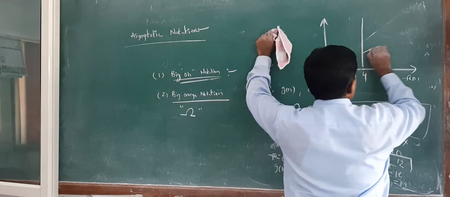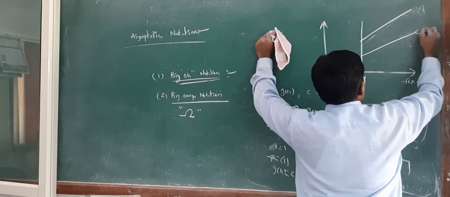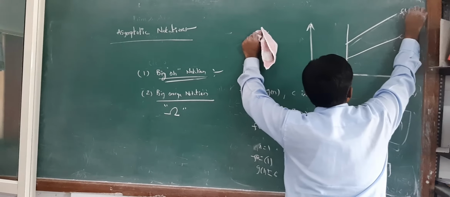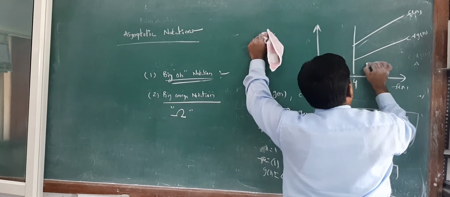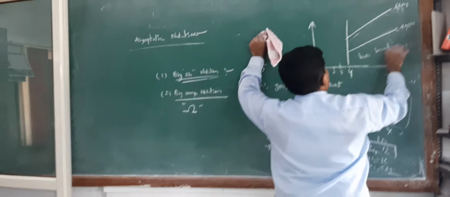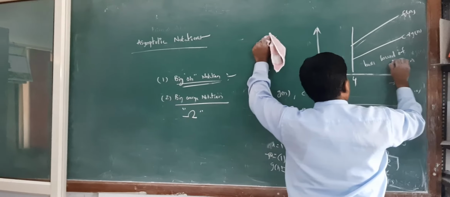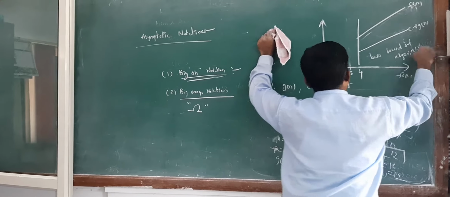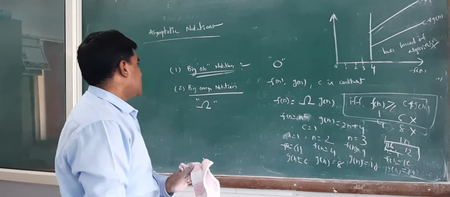So here c star g of n is the lower bound and f of n is above it. So it represents the lower bound of the algorithm's running behavior.